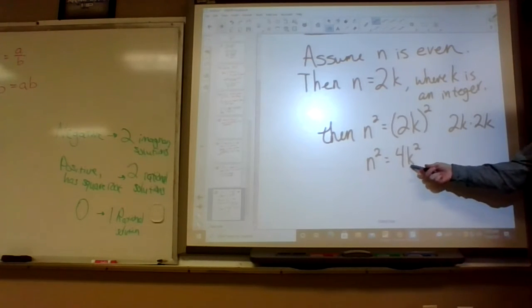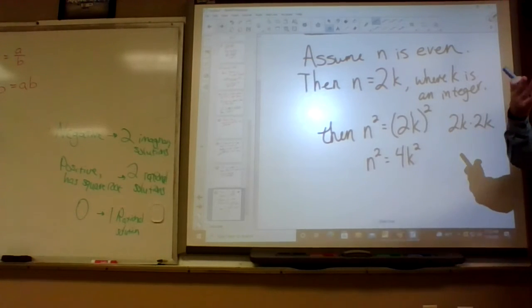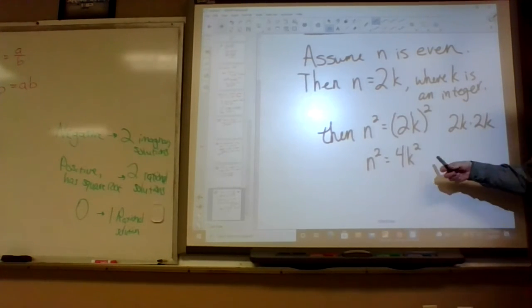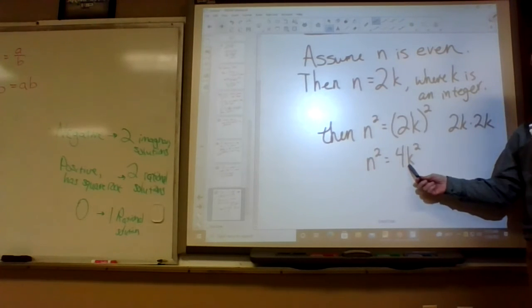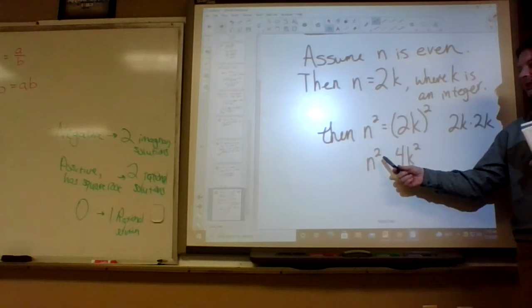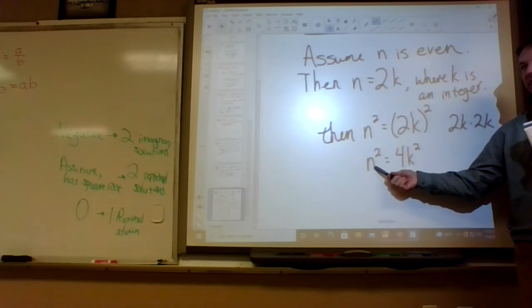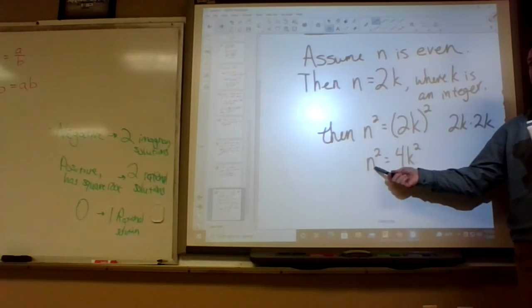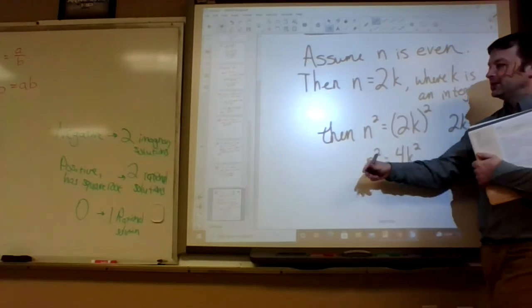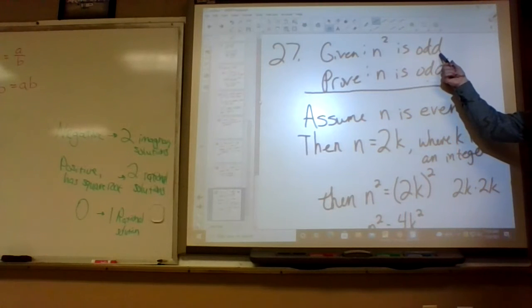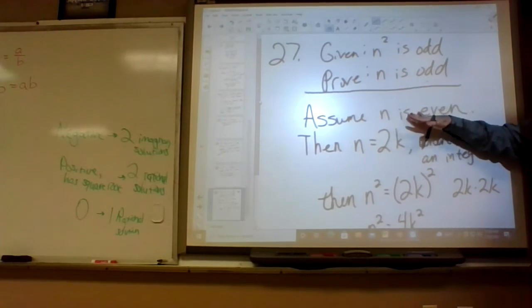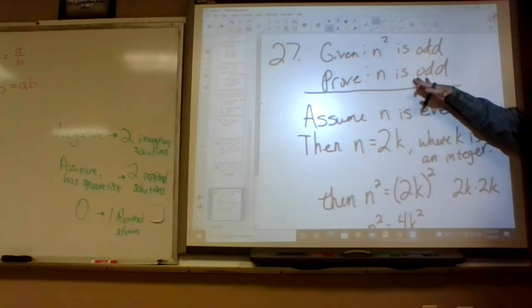Okay, here's the problem. 4k squared is divisible by 2, right? Which means 4k squared is even, which means n squared is even. Which is a contradiction because we started off by saying n squared is odd. Okay, so our assumption is false, that n is even, and n must be odd.